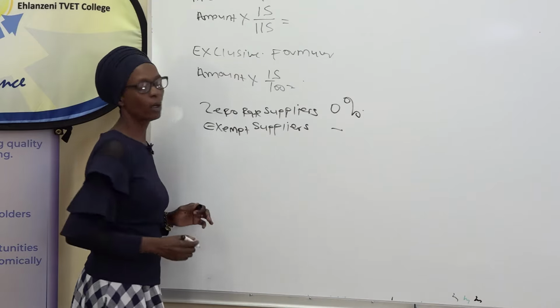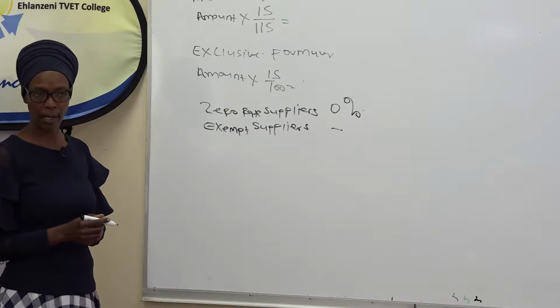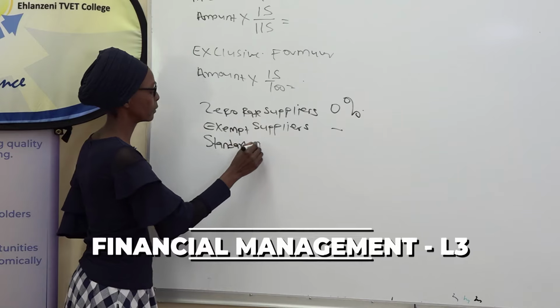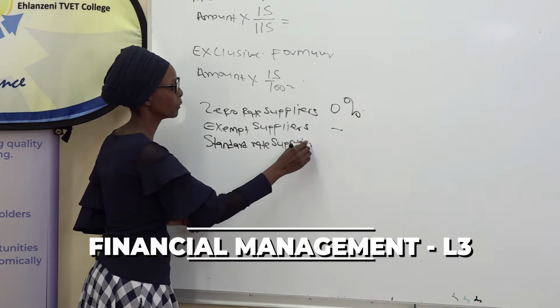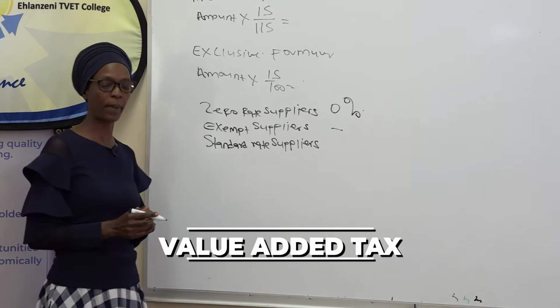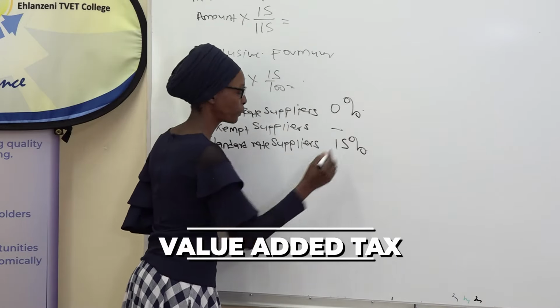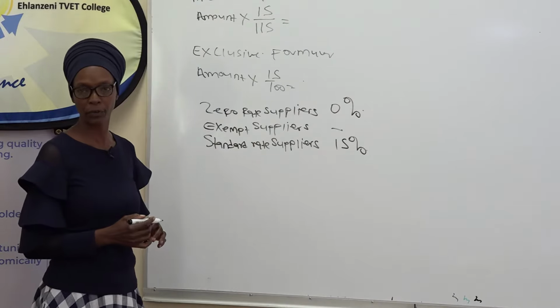There is no VAT percentage under exempt suppliers. Then the third one is the standard rate suppliers. The percentage for the standard rate suppliers is 15%. Remember, we have to apply those 2 formulas.